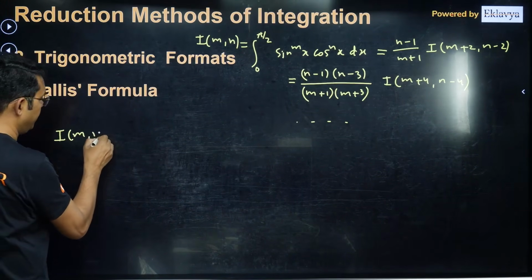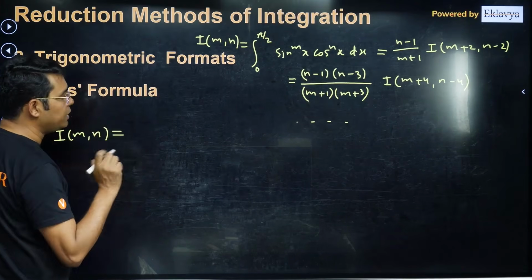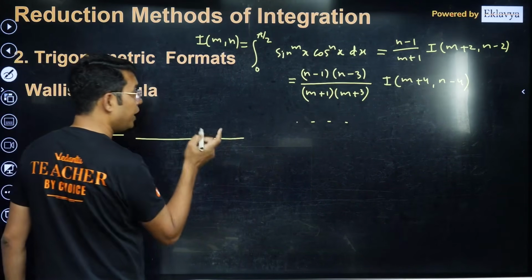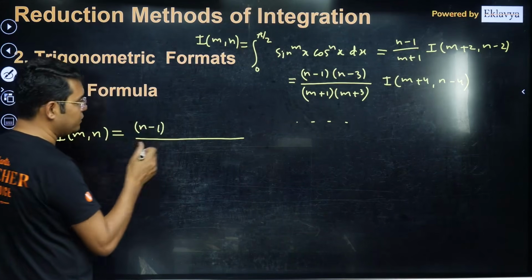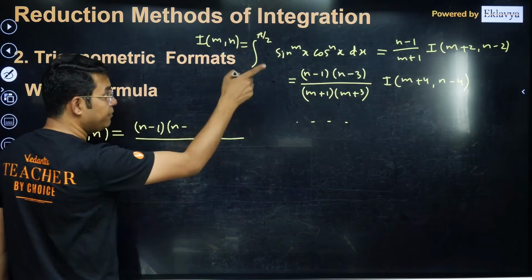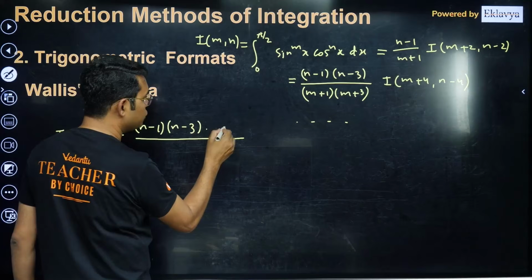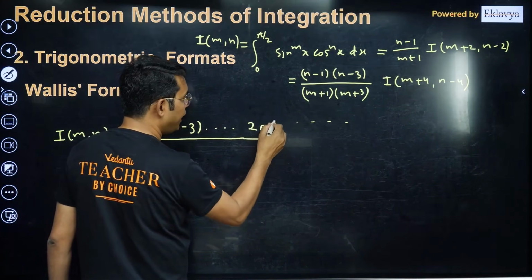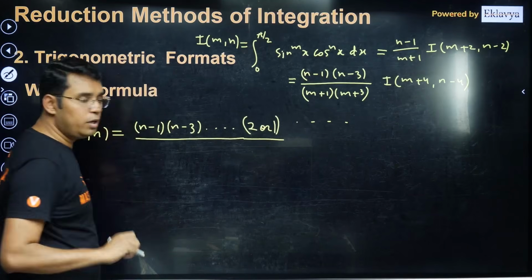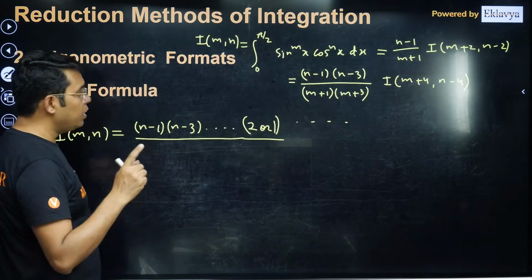What is this? Please see. I m comma n comes out to be, please see, in the numerator you will be having one expression for n: starting with n minus 1, then n minus 3, and so on. This will end at either 2 or 1, depending upon whether n is even or odd.